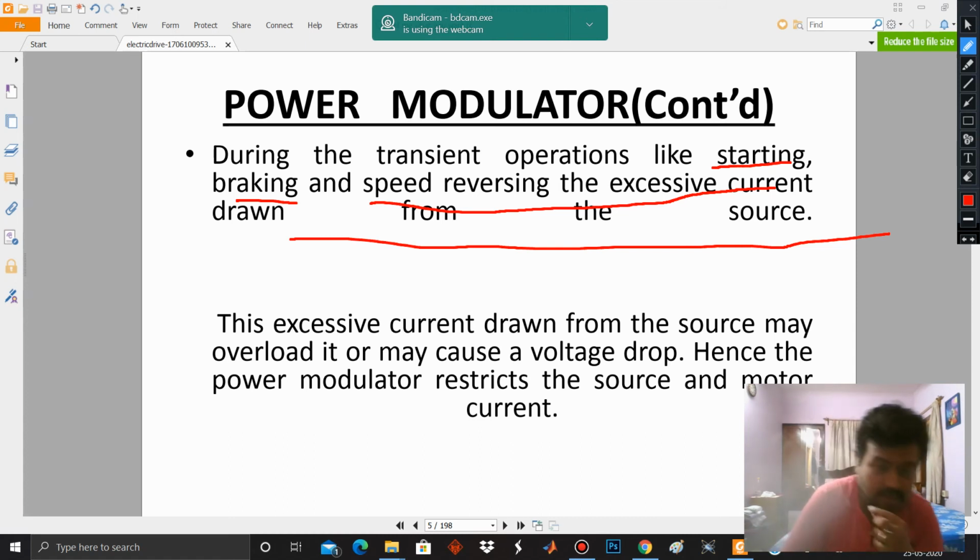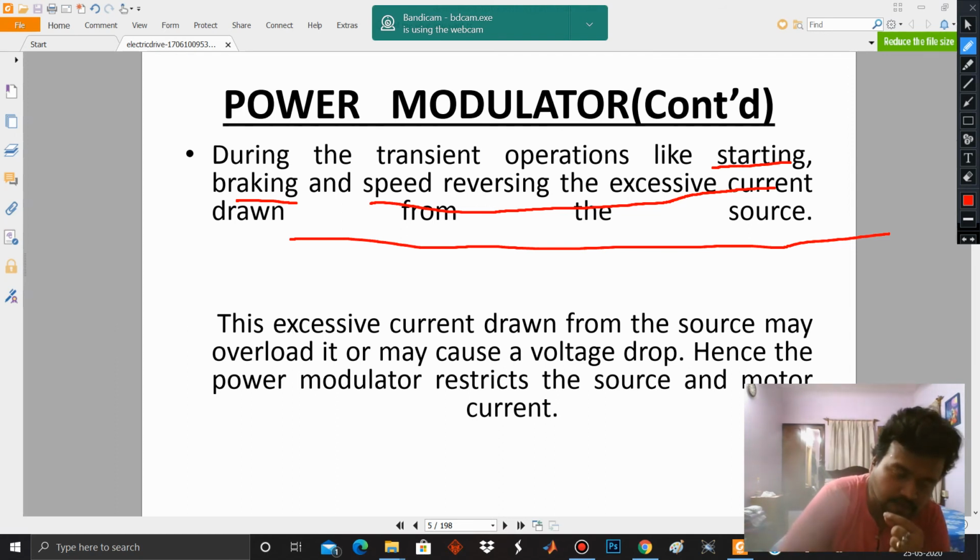So this is a very adverse situation. This excessive current drawn from the source may overload it, causing a voltage drop. So you cannot simply allow the motor to get overloaded.